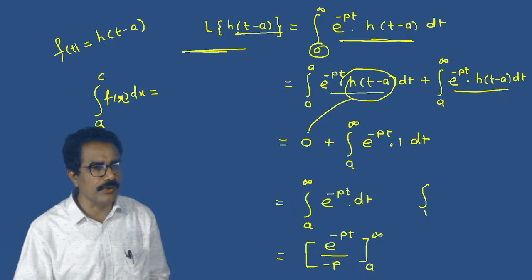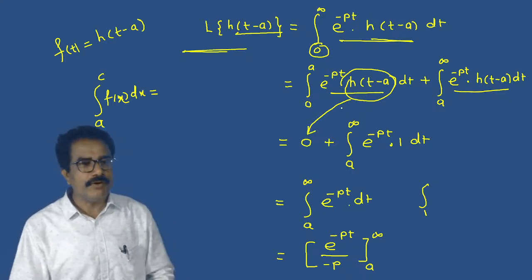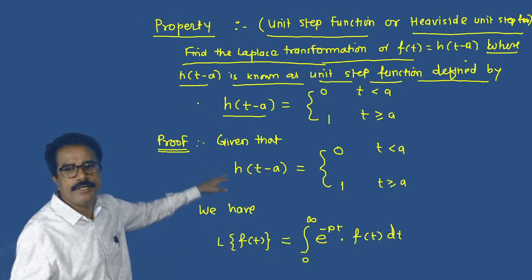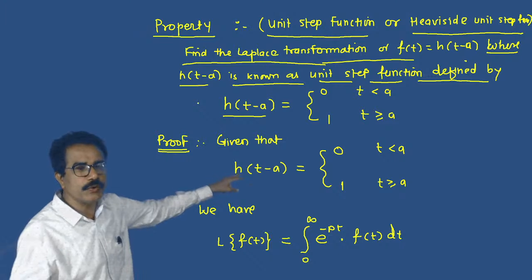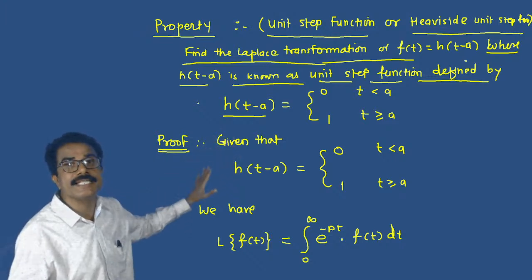as 0, because we know that according to the definition of the step function, the value of this function h into t minus a is 0 if t is less than a.